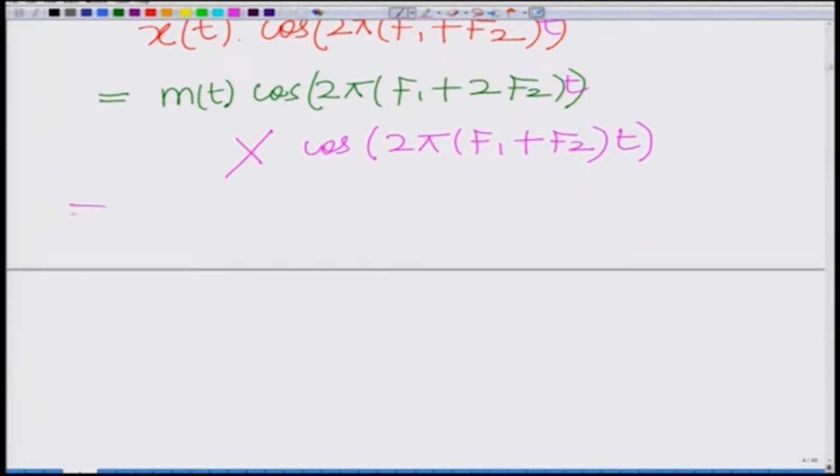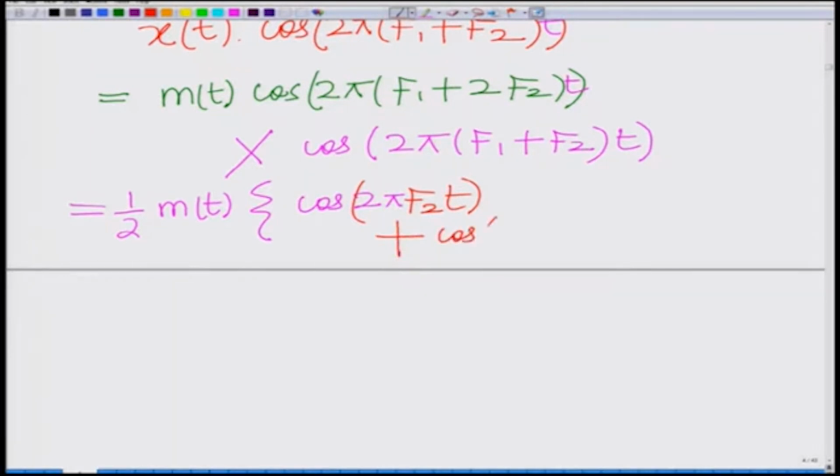Now, this is equal to half m(t) cosine 2 pi times the difference of frequencies, f1 plus 2 f2 minus (f1 plus f2), which gives the difference f2 t, plus cosine of the sum of frequencies, f1 plus 2 f2 plus f1 plus f2, that is 2 f1 plus 3 f2, times t.